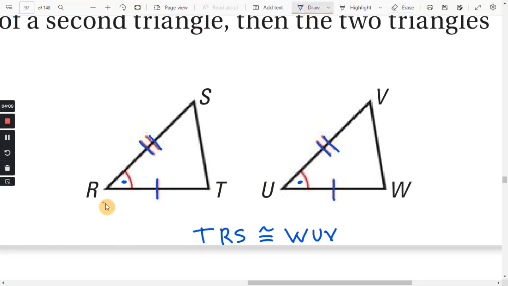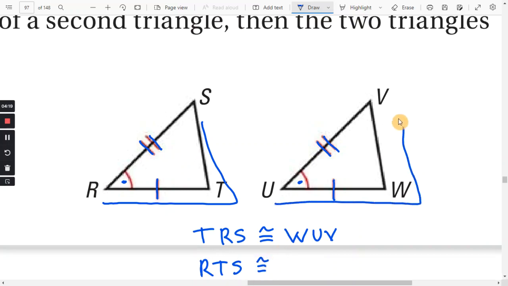I can say R, T, S, and I can say U, W, V. As long as they match.